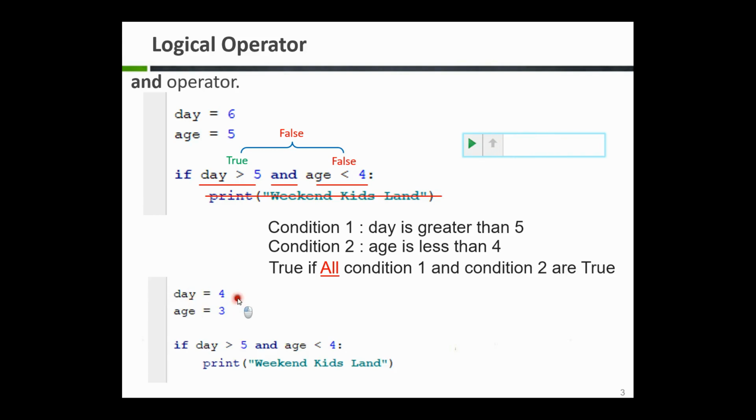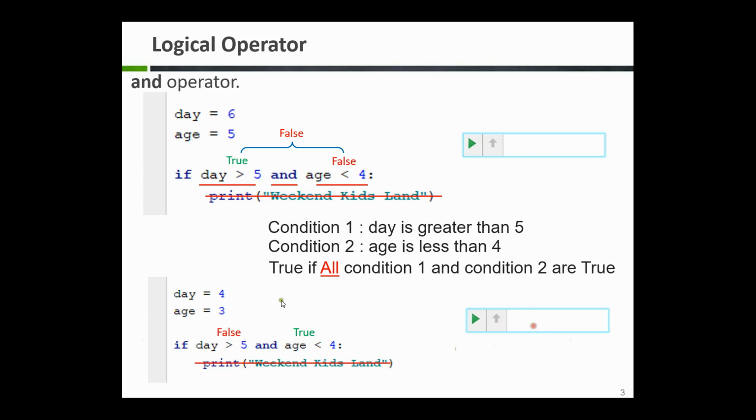If we change the day to 4 and the age to 3, day is bigger than 5 returns false because 4 is not bigger than 5. Age less than 4 returns true because 3 is less than 4. But it still will not print this statement, because the AND condition returns false since one of them is false.